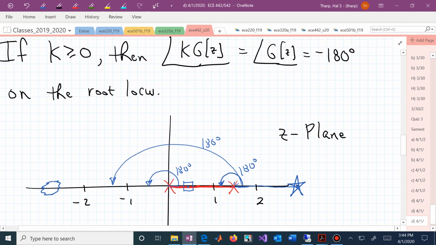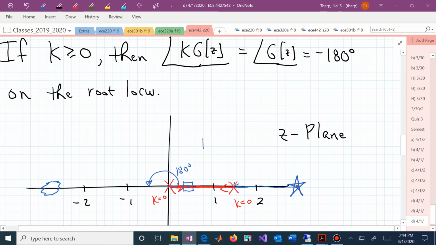As we will learn in subsequent rules of our root locus, this pole goes to the left, this pole goes to the right. They can't just stay stationary as you adjust the gain k. Here was k equal to 0, k equal to 0. We increase the gain at some point, and in this case, since we just have 2 poles, let me get rid of some of this extra drawing.